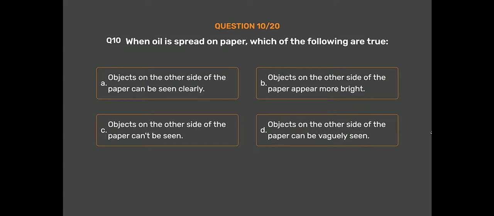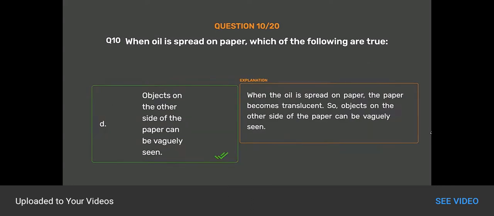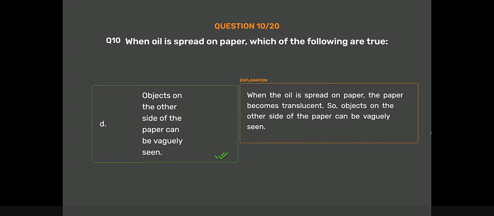Option D. Objects on the other side of the paper can be vaguely seen. The correct answer is option D. When the oil is spread on paper, the paper becomes translucent. So, objects on the other side of the paper can be vaguely seen.